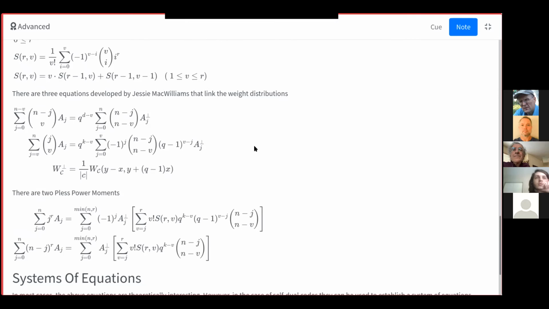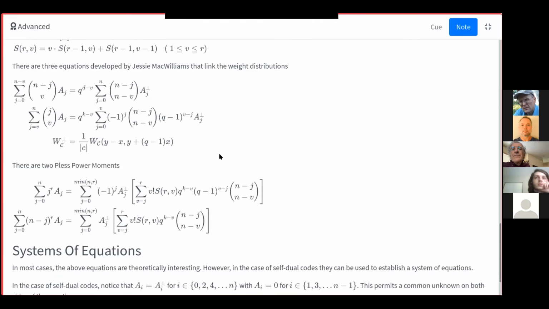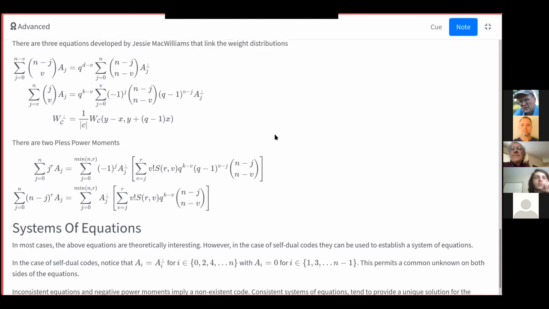It turns out that all 3 of those are equivalent if you start playing around with plugging things in using substitutions. So if you look at the left-hand side of this first equation, you're talking about the weight distribution for a particular code word, and you're talking about its complement on the other side. Same way with this one. And this one is more of a weight enumerator type thing. The first 2 are dealing with weight distributions. The third one is the weight enumerator.